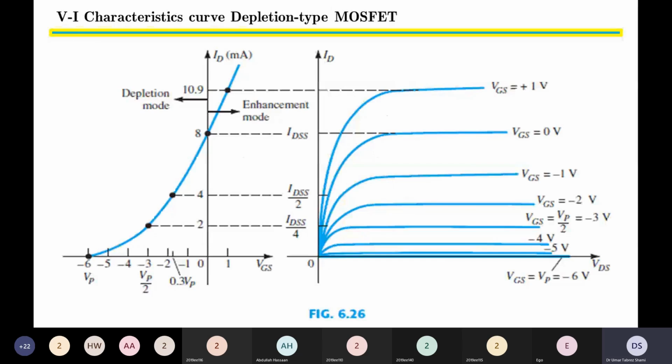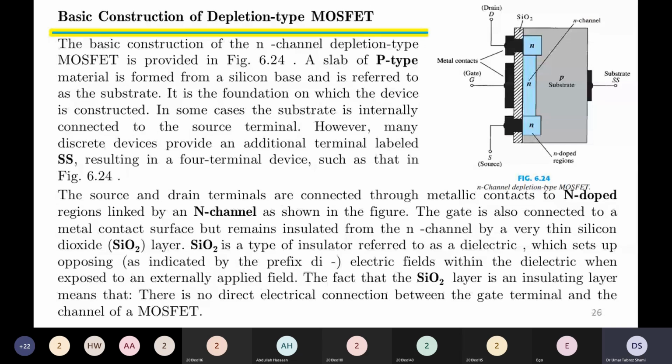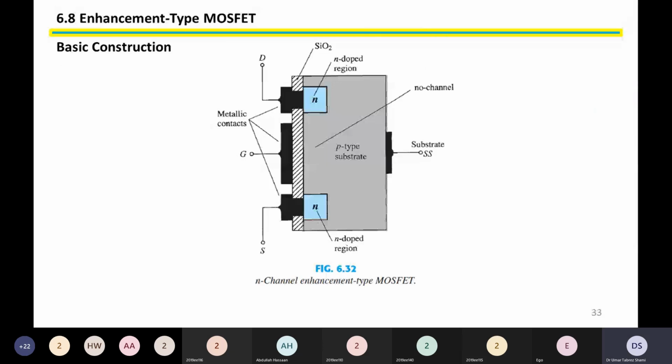In the depletion type MOSFET, there is always a channel that links the drain and the source, and this channel is normally of the same material as the drain and source. So figure 6.24 shows an N-channel depletion type MOSFET, whereas figure 6.32 shows an enhancement type N-channel MOSFET.